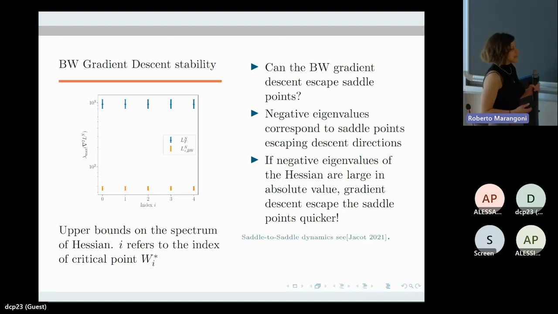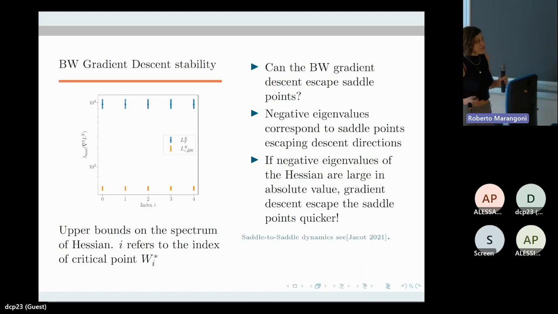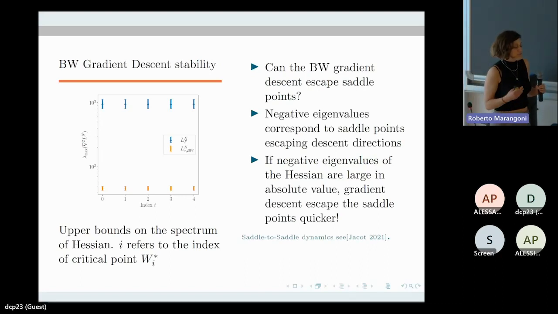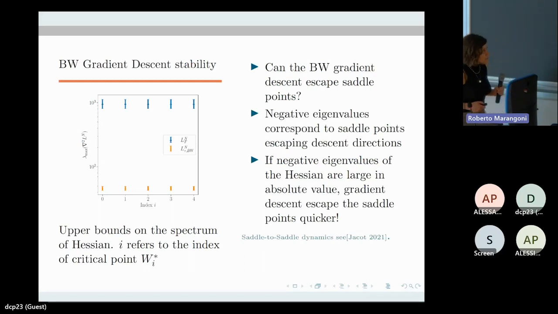Negative eigenvalues correspond to saddle points, and we can prove that the dynamics can escape the descent directions. If the negative eigenvalues of the Hessian are large in absolute value, then gradient descent escapes the saddle points, and that is something we observe in this graph.